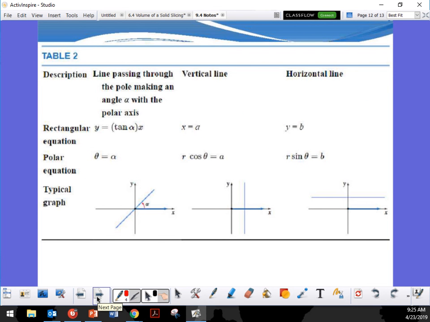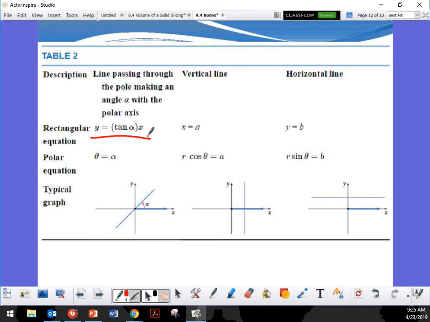Okay, right here, important things. A line passing through the pole, making an angle alpha with the polar axis. In a rectangular equation, something like this, tan of alpha, is y over x. If it's a vertical line, x is equal to a, whatever that value is.